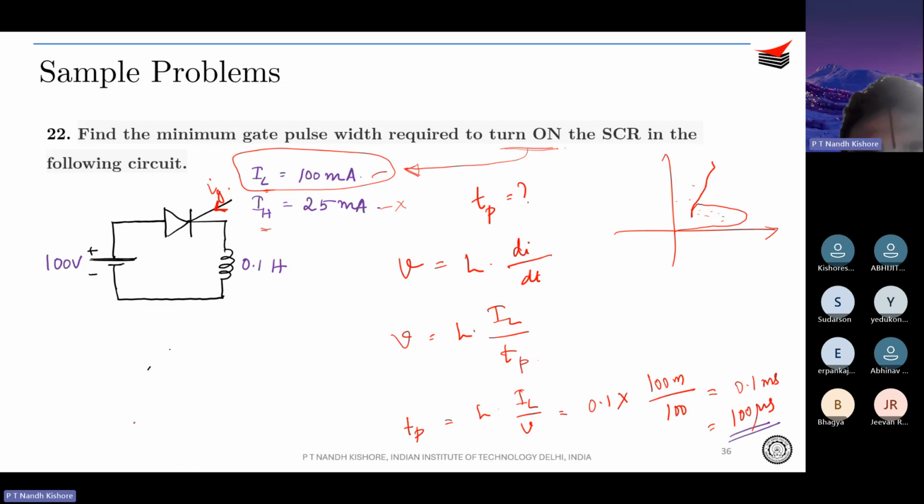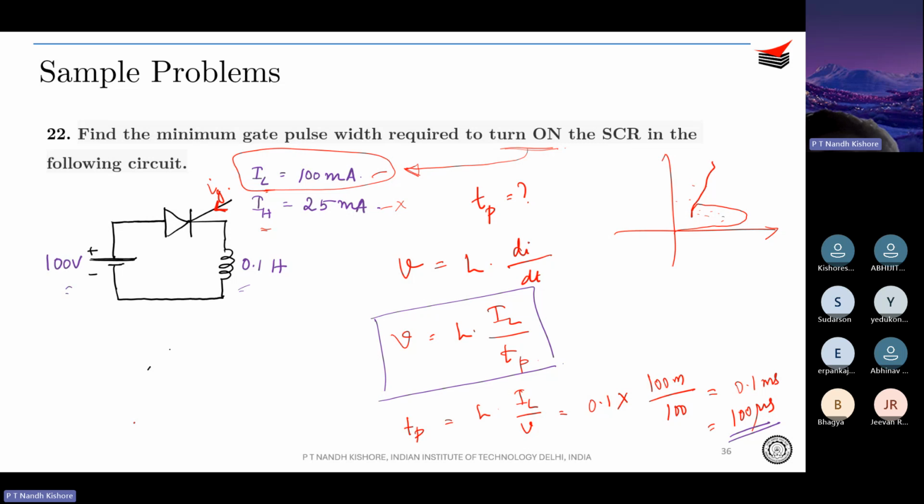Simple, right? Just apply V is equal to L di by dt. This is the minimum pulse width that you need to give to turn on the SCR. One thing you see is that the pulse width is dependent on the load and the source, so for 100 volts and 0.1 Henry, this is the TP value.